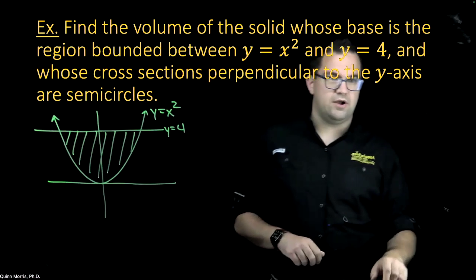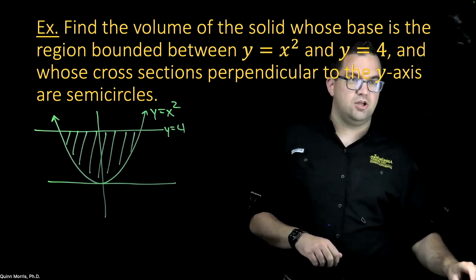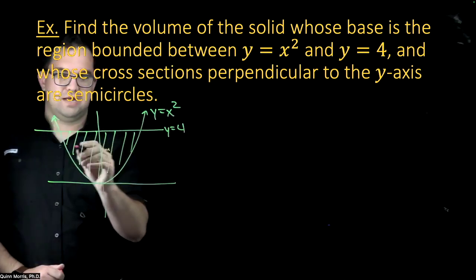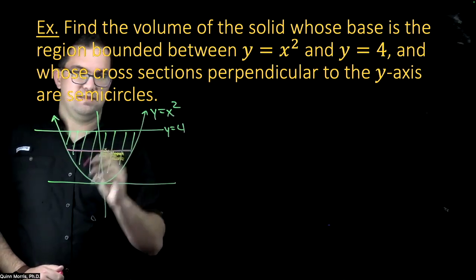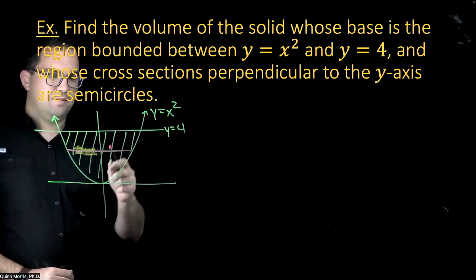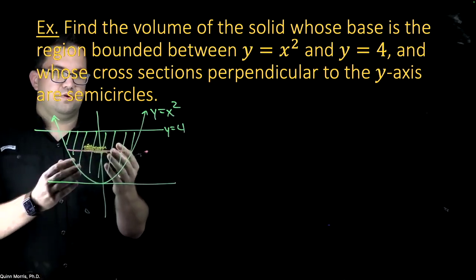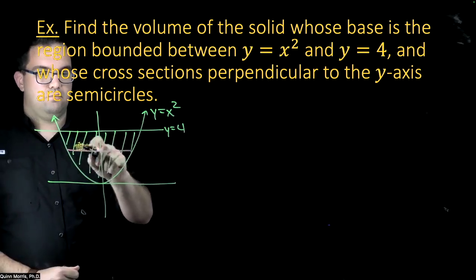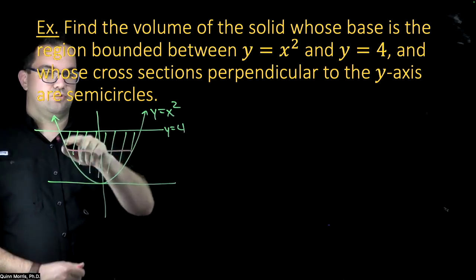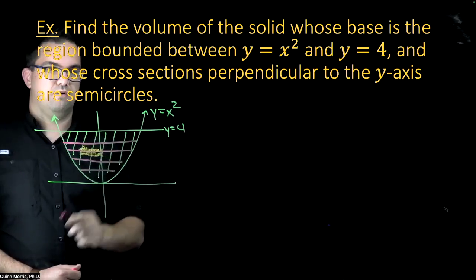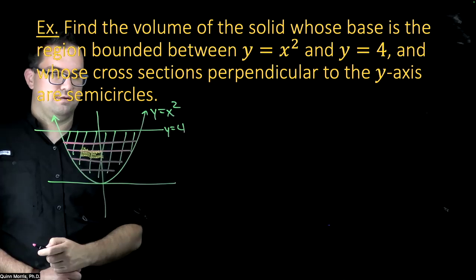And we also know that cross sections perpendicular to the y-axis, so those are cross sections in this direction, are semicircles. So again, if I think about what this looks like, if I think about raising this up out of the plane, what ought to happen is I would have semicircles popping up at each one of these lines. This is the base of some semicircle.